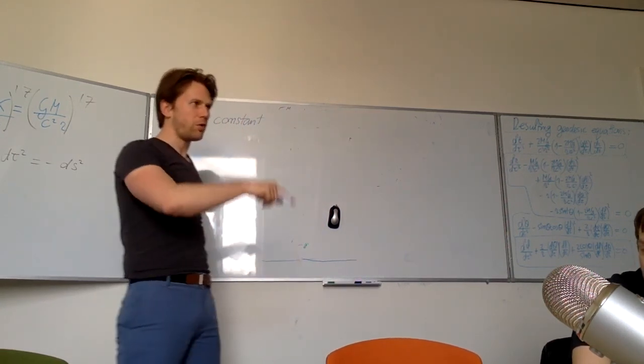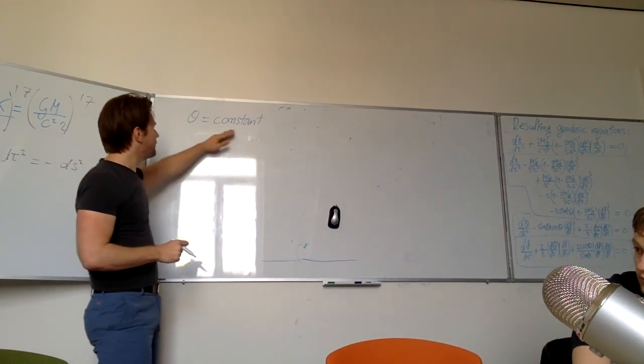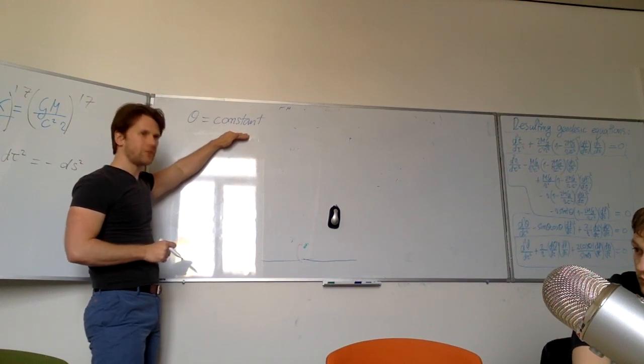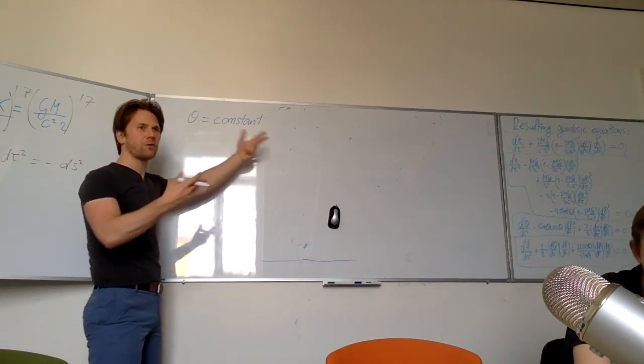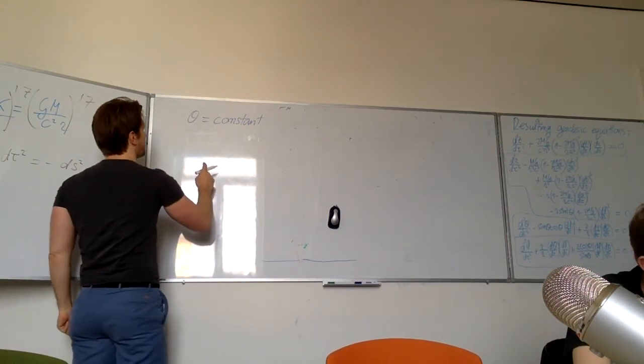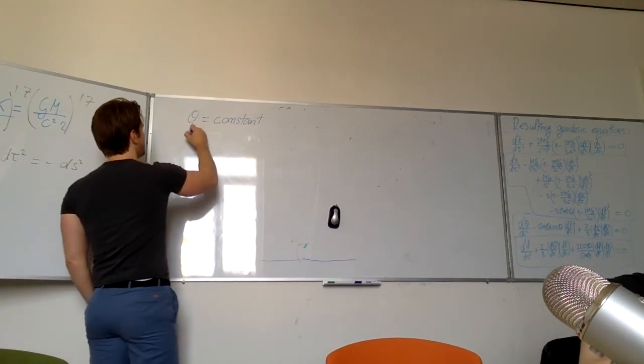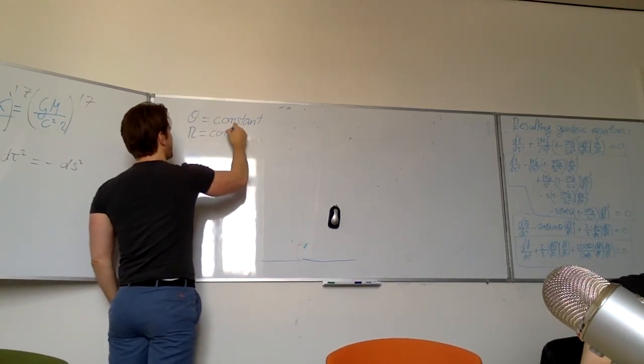This is why the planets all revolve in one plane. The same law applies here, so taking this constant is actually forced upon us. What the constant is, we will see in a second. It's pi over 2, but we'll see. What else? Circular motion. R is constant. R is itself a constant.